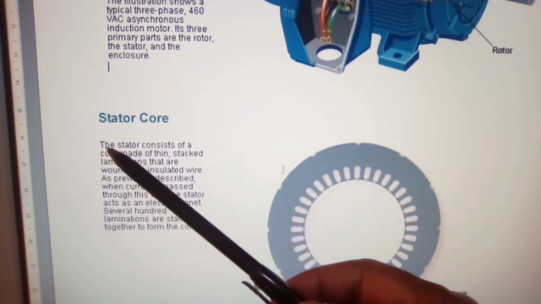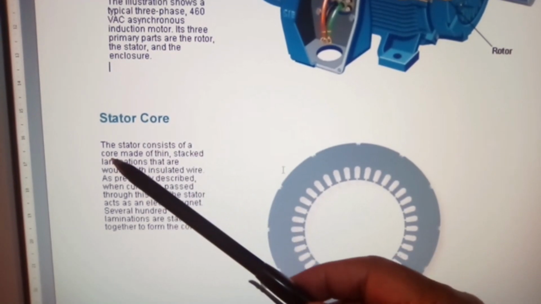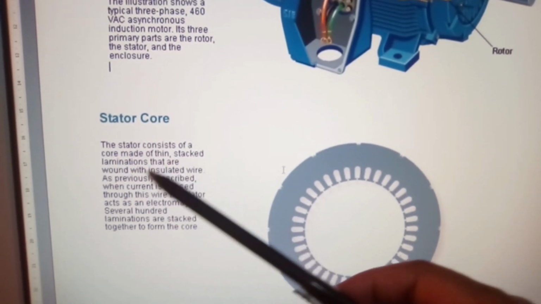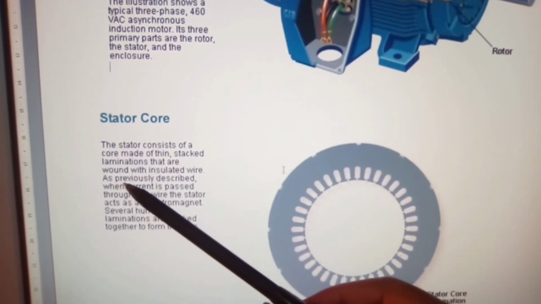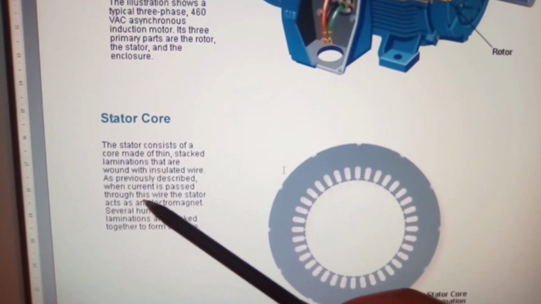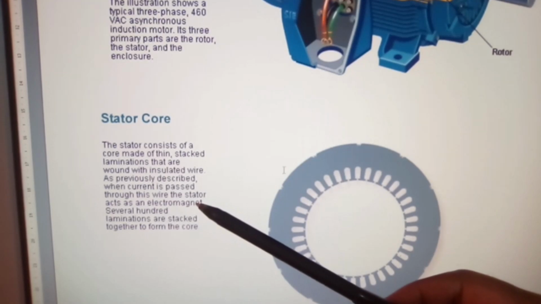Now, stator core. The stator consists of a core made of thin stacked laminations that are wound with insulated wire. As previously described, when current is passed through this wire, the stator acts as an electromagnet.